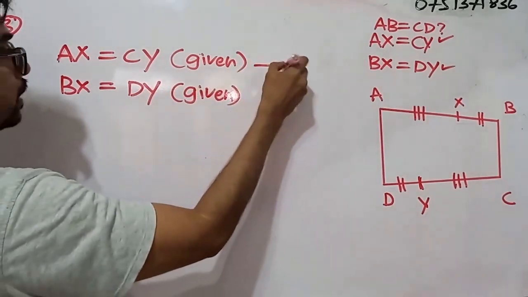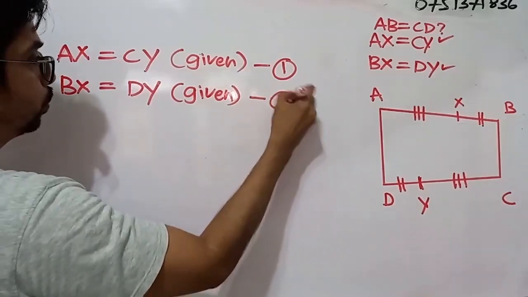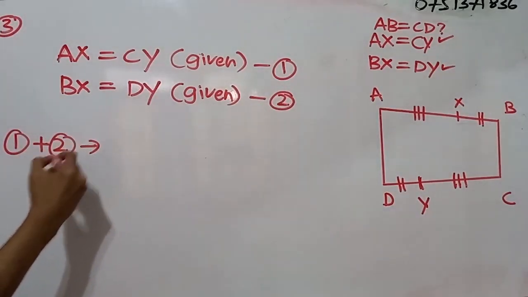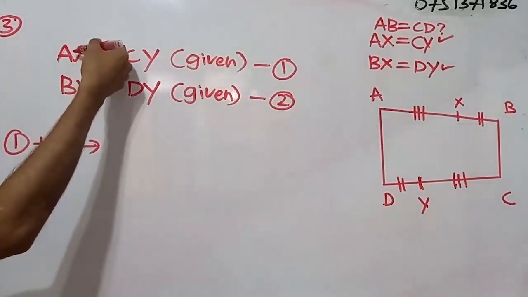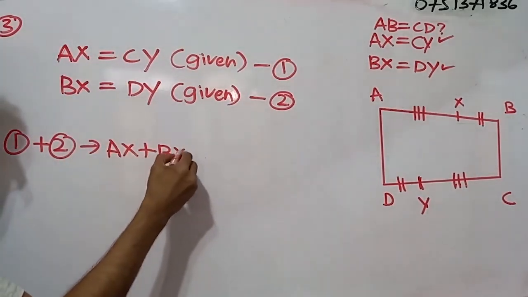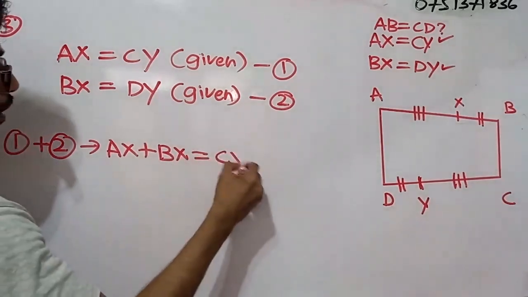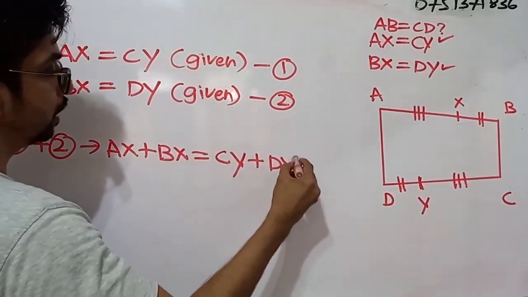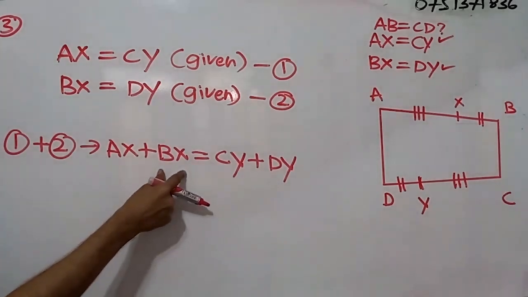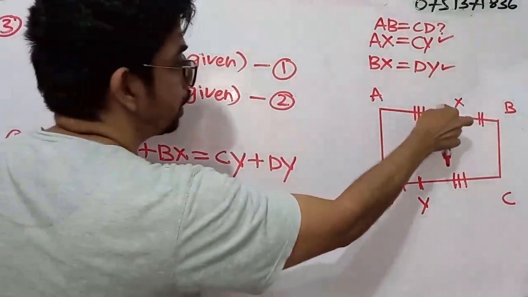I am going to take this as 1 and this as 2. Then I am going to add these together. Let's see what will happen. AX plus BX is equal to CY plus DY.